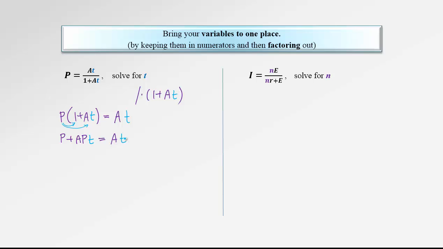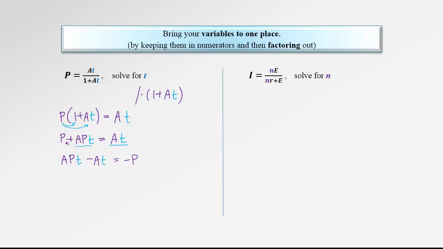Okay, so what's the next step? Yes, we need to bring both of these terms that involve t to one and the same side. For example, to the left. In the meantime, we're going to bring this p to the right. So let's start with apt minus this at equals negative p.